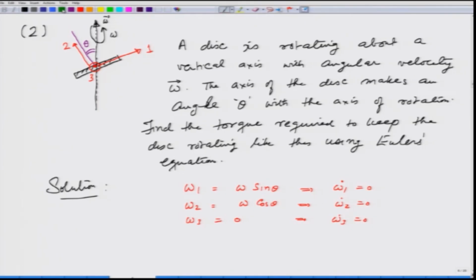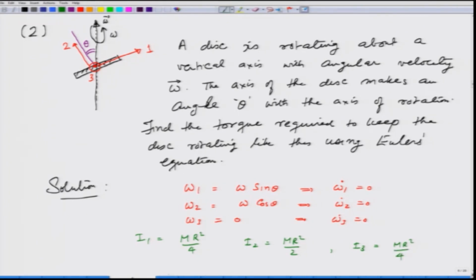In the same manner, I1 is the moment of inertia about one of the diameters, and this is going to be m r square by 4. I2 is the moment of inertia about the axis of the disc, and this is m r square by 2, and I3 is again the moment of inertia about one of the diameters, and this is m r square by 4.